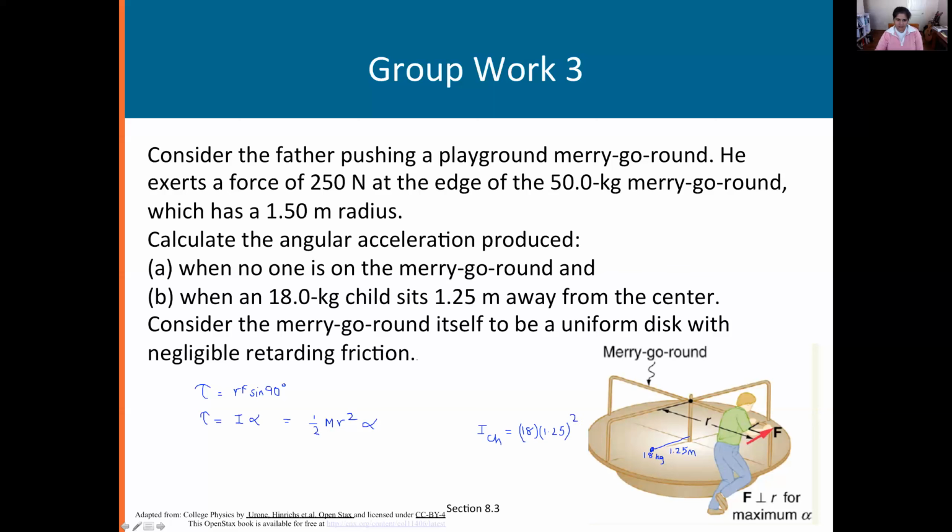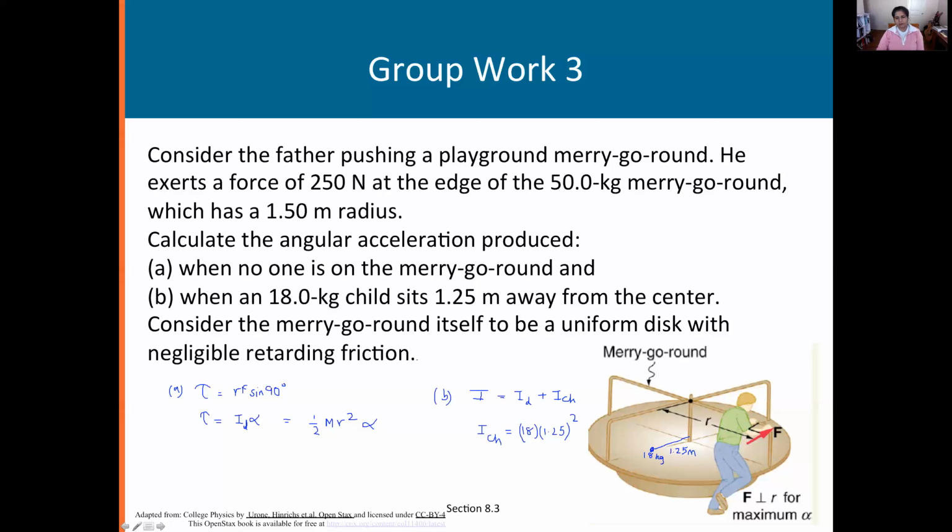Now you need to add this term to this term here before we multiply by alpha. So your total I has changed. Your total I is the I for the disk originally plus the I for the child. So it's the only difference in the second part. Let's make it clear that this is just the disk: this is part A, and this is part B.